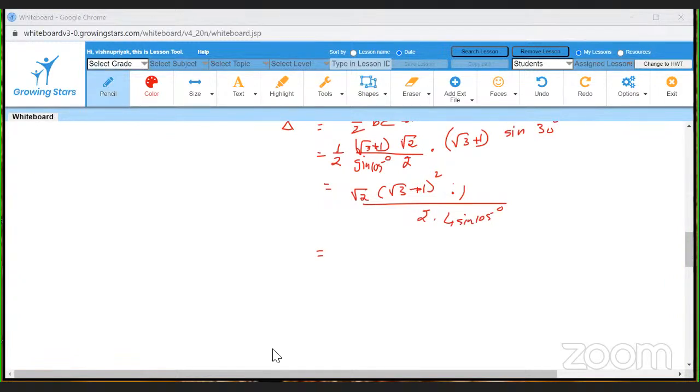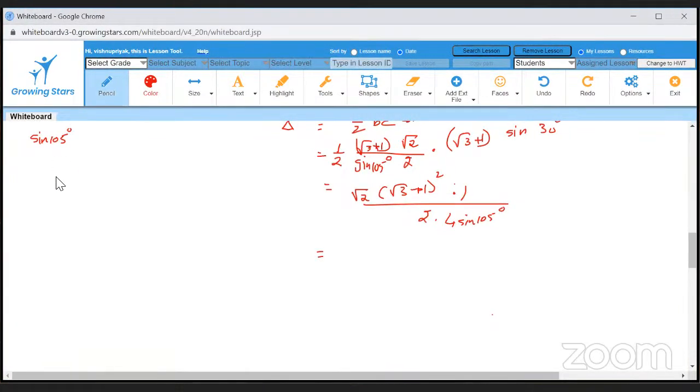Okay. How will you simplify it further? Sine 105 degrees. What's the answer for sine 105 degrees? How will you write sine 105 degrees as?